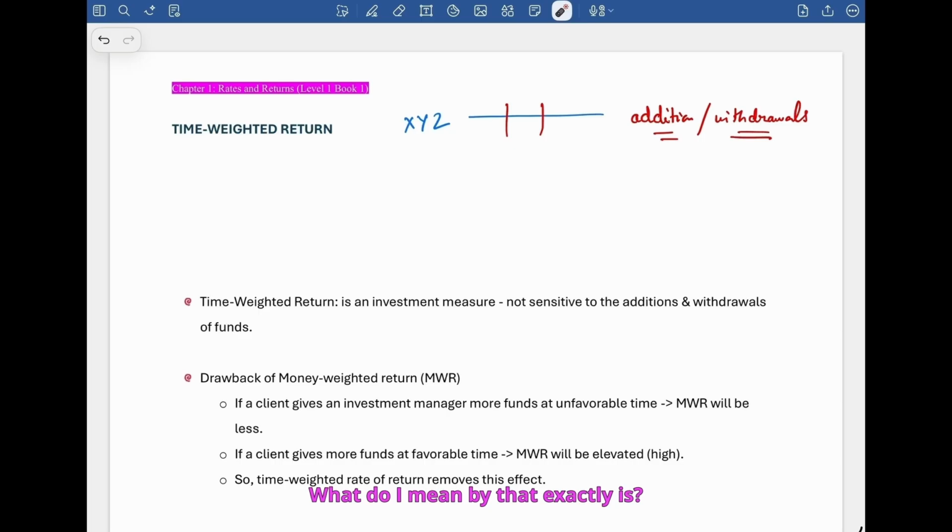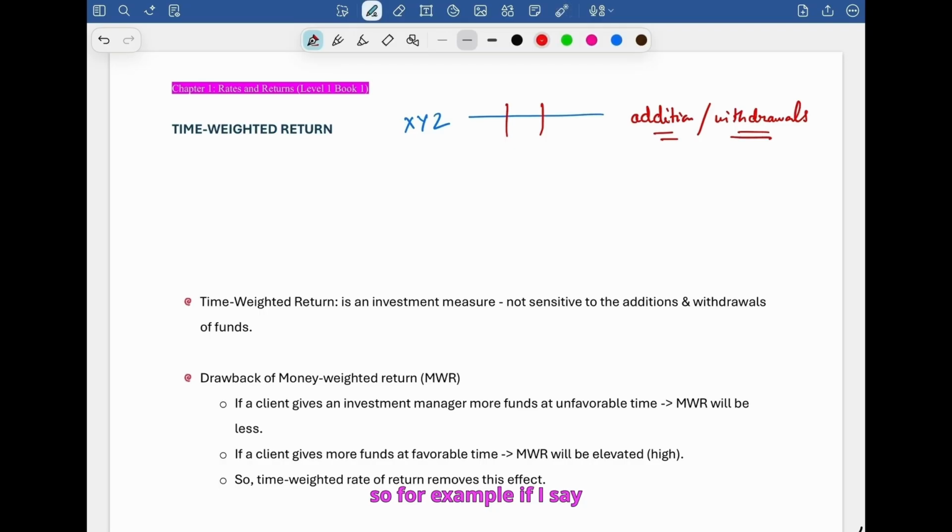What do I mean by that exactly? We are talking about a particular investor who is investing in these XYZ shares. But let me tell you the reality. There could be multiple investors investing in these XYZ shares.